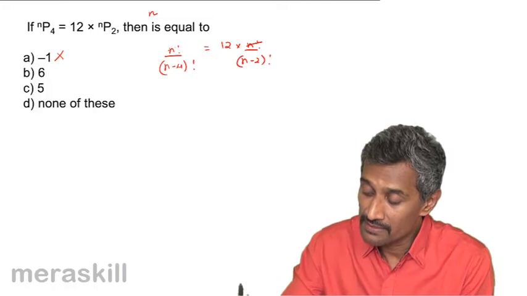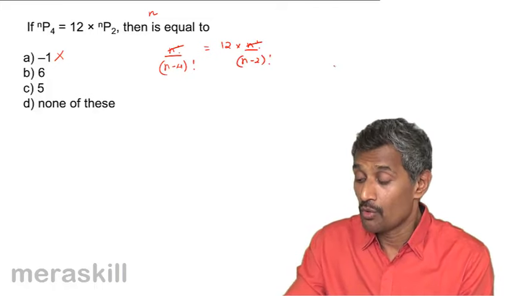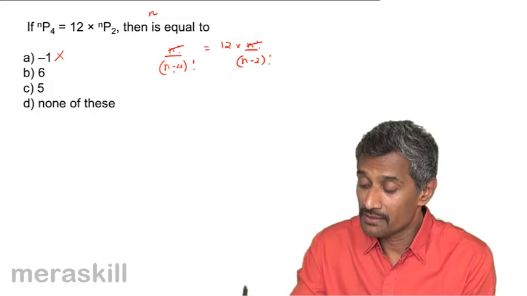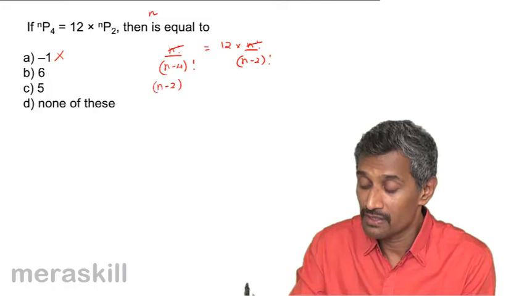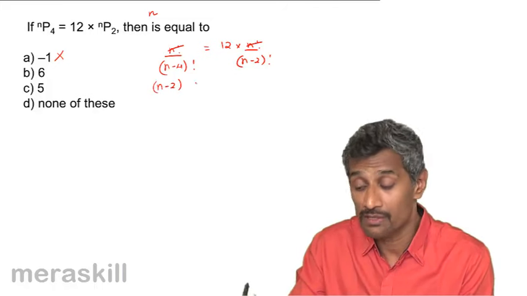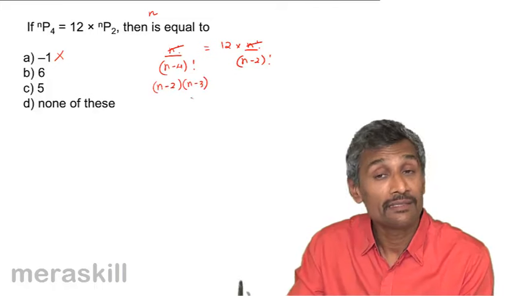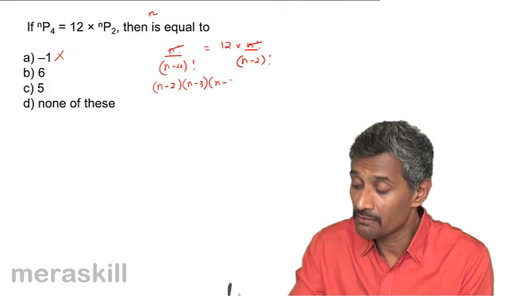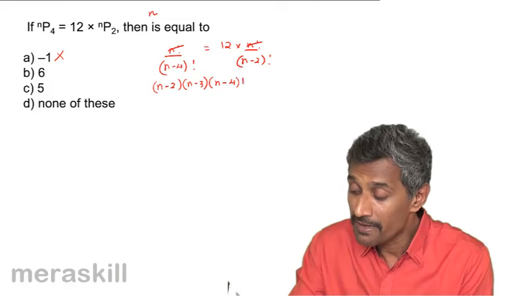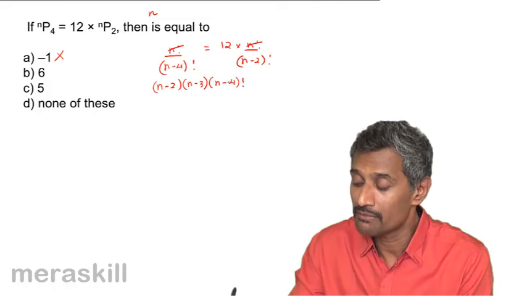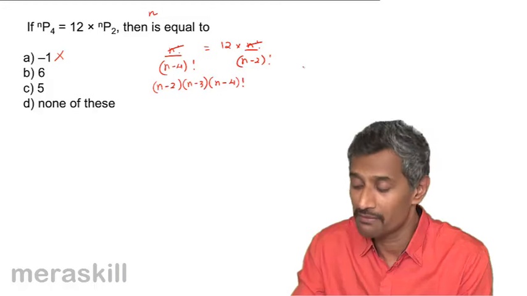So this gets cancelled. Now we can take this to this side. Now (N minus 2) factorial can be written as N minus 2, the next one is going to be N minus 3, and the next one is going to be (N minus 4) factorial. Because it's going to be N minus 2, N minus 3, N minus 4, N minus 5, and finally it will be 1.